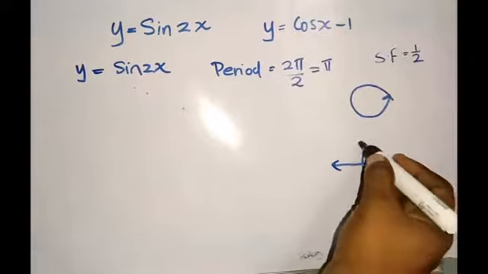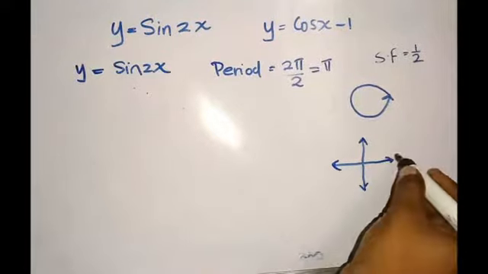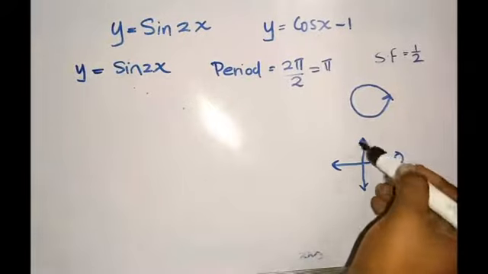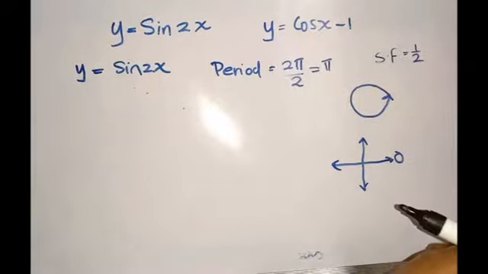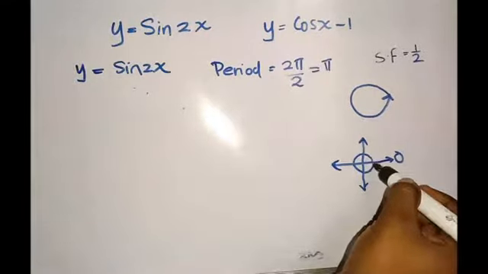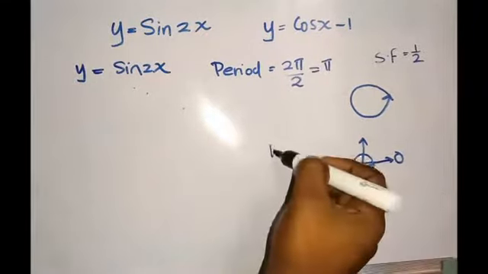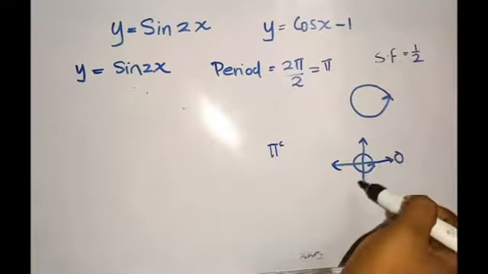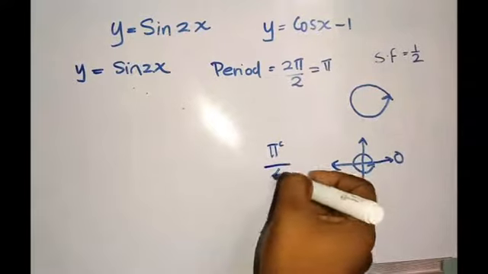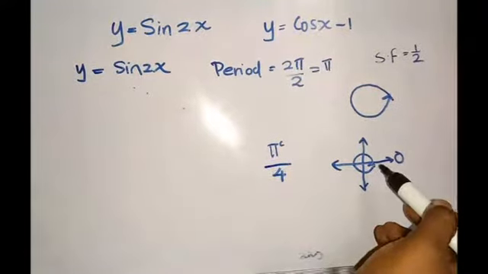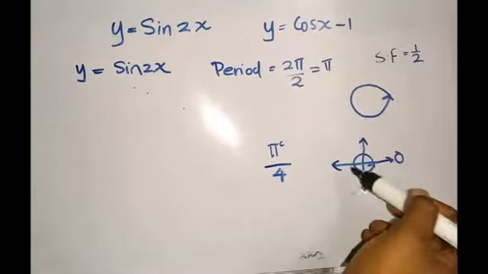Starting from 0, we have to divide this pi radian into 4 parts. So divide pi by 4. That means each part is pi by 4 radian.